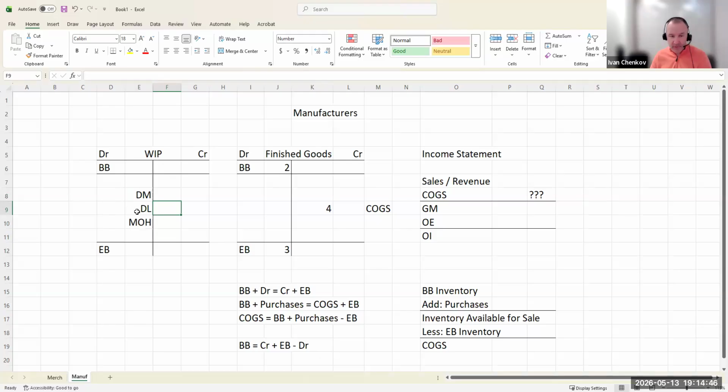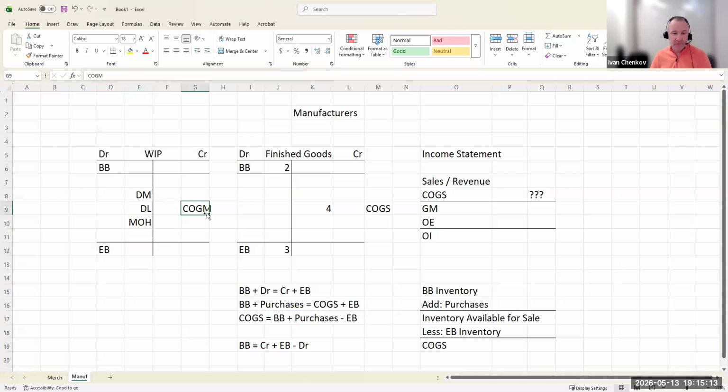Now, since I produce those products, I'm going to get cost of goods manufactured. Cost of goods manufactured then will be direct material, direct labor, manufacturing overhead, plus the beginning balance of the work in process, minus the ending balance of the work in process. Now, from where am I going to get those?